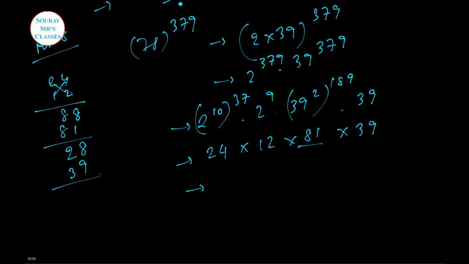Into 39: 8 9s are 72, 9 2s are 18, 3 8s are 24, this is 42, and plus 7, so this is 92. Within around 45 to 50 seconds you can pull this thing out.